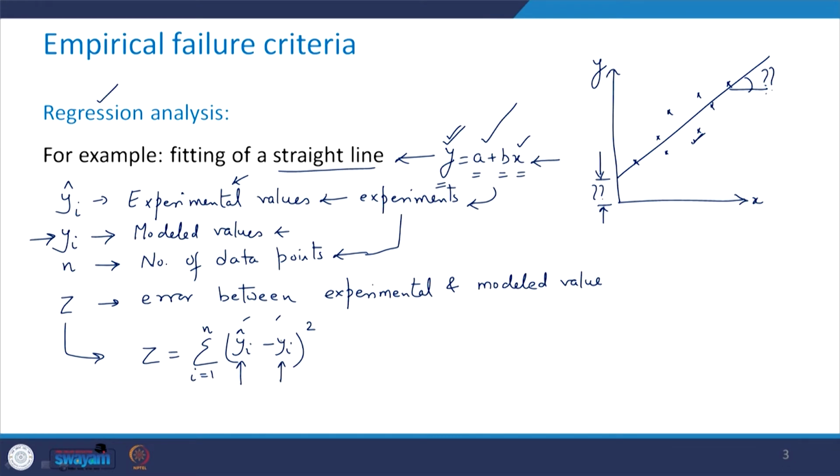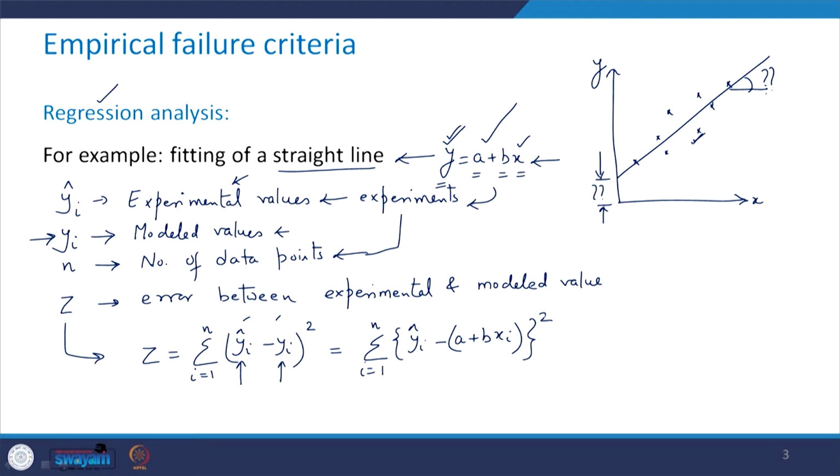Either of the two can be larger or smaller than the other one. Now just substitute the modeled value. What we get is summation i equal to 1 to n of (y_i cap minus (a plus b x_i)) whole square.